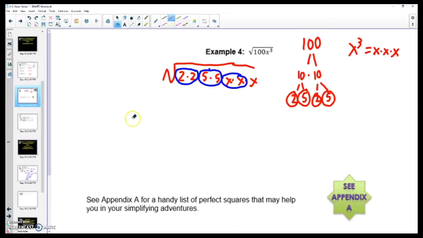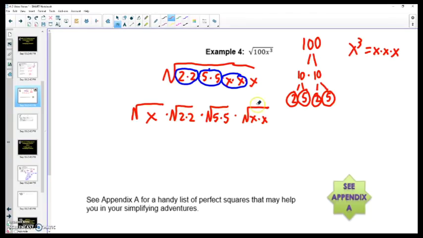And I need to break up this radical. I put first the non-square factors, which in this case we only had x. And then I'm going to break up each of the square factors. I had 2's in pairs, so those are going to go together underneath a radical. I had a pair of 5's, so those will go together underneath their own radical. And I had a pair of x's.